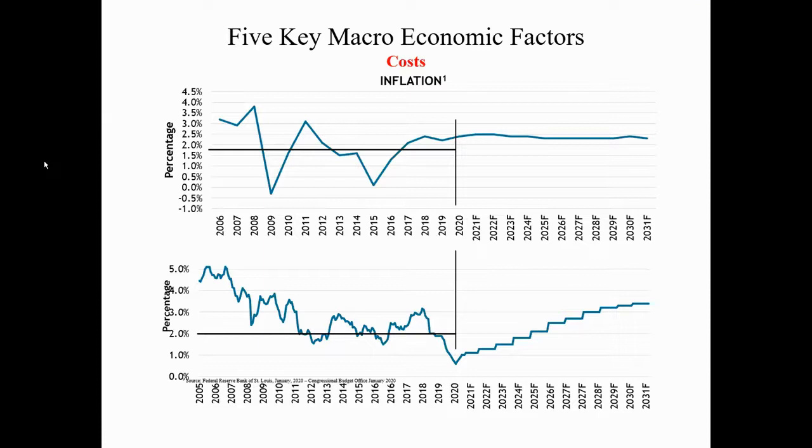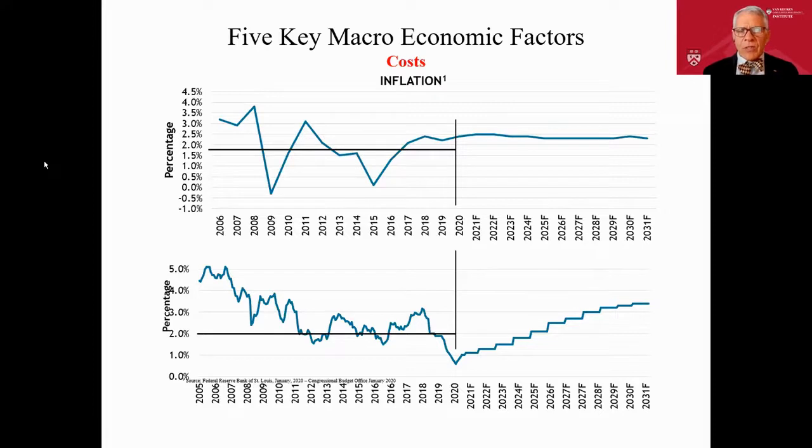Okay. So the other side, of course, is costs. And so we look at inflation. The consumer price index, you can see historically, has been running just around the 2% level over the last 15 years. You can see it drop down during the Great Recession. It also went to 0 in 2015, which is kind of unique, but it didn't really drop off during COVID.